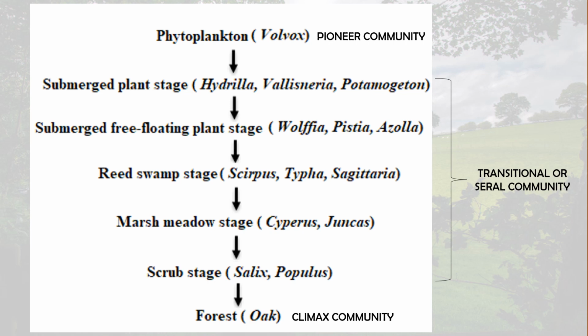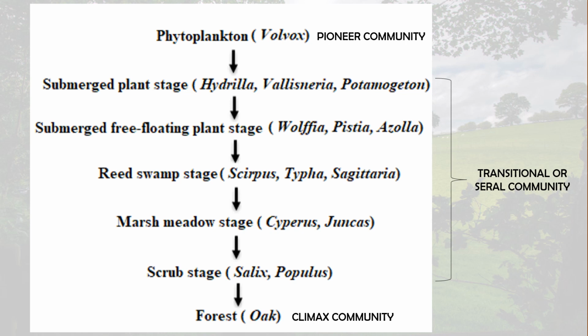Next stage is woodland or scrub stage. By this time, the marshy vegetation has disappeared and the soil has become drier, which is invaded by terrestrial plants like some shrubs and trees.